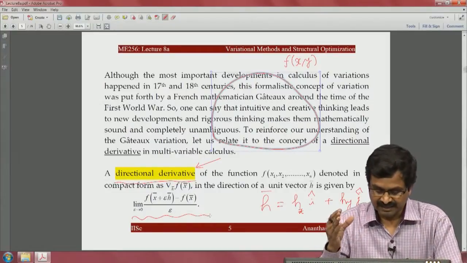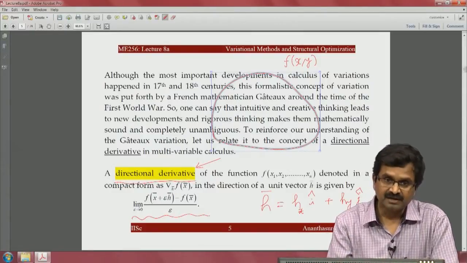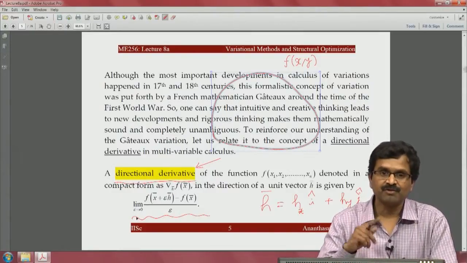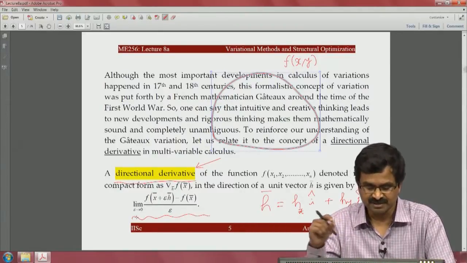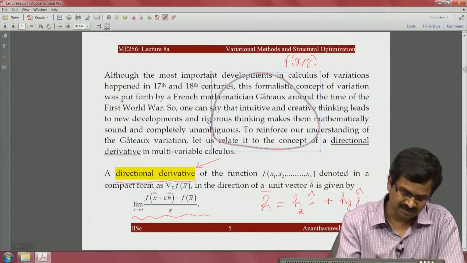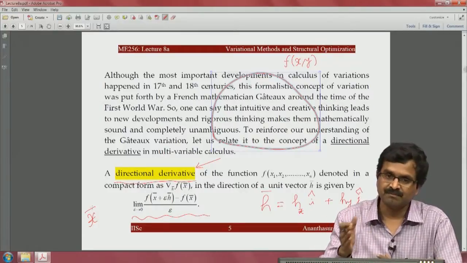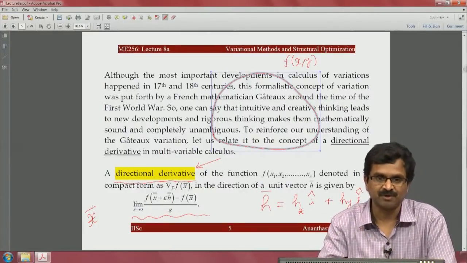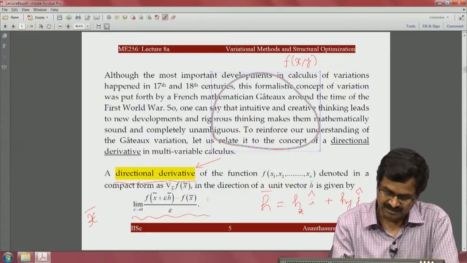In that direction, if you want to know how the function changes, that is given by limit epsilon tends to 0, f of x plus epsilon times h minus f of x, divided by epsilon. Here when you put x over bar like we are doing, that means it has x1, x2, x3, many dimensions; the problem can have f depending on n variables. In that case this is the directional derivative.